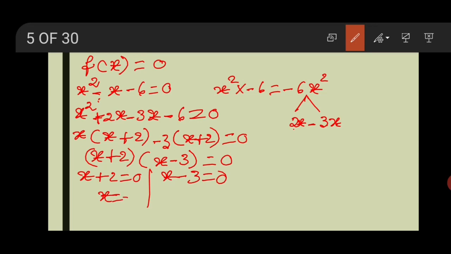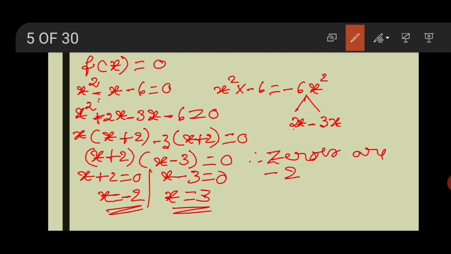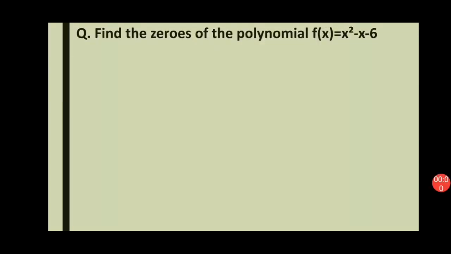So, x is equal to minus 2 and here x is equal to minus 3 becomes plus 3. Therefore, zeros are minus 2 and 3. These are the two zeros. Since its degree is 2, therefore we have two zeros.